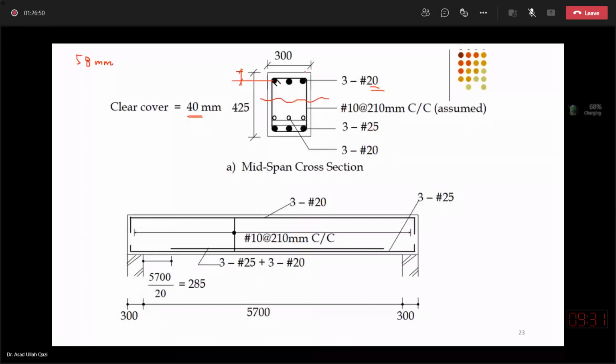If the tie has 10 millimeter diameter, the distance consumed by this tie will be 10, plus 40 cover. I selected a bar of 20 diameter, half of it will be 10. So mechanically, in my sketch, the cover is 60. Do you agree with that?